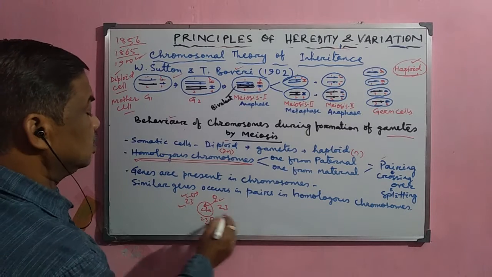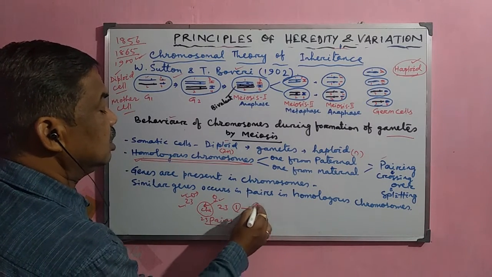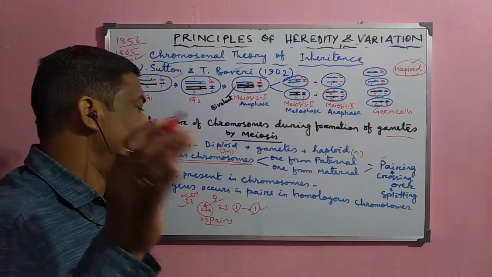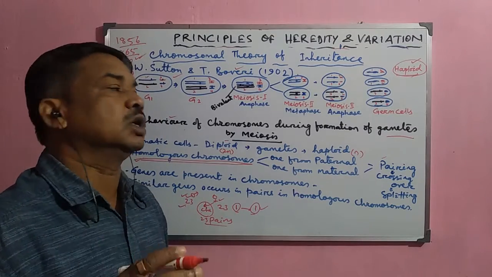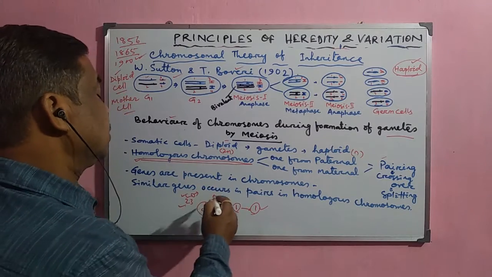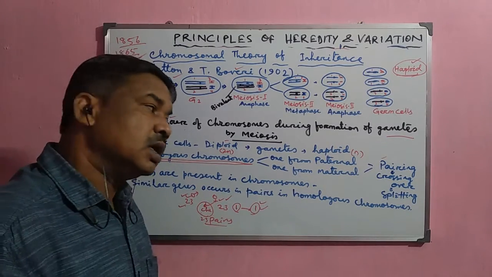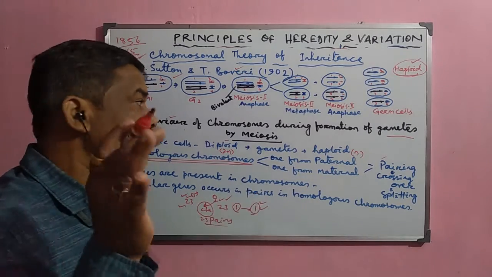So chromosome number 1 of father and chromosome number 1 of mother are called homologous chromosomes, or homologous pairs. Each diploid organism has one from the paternal side and another from the maternal side, and these two are combinedly called a homologous pair.